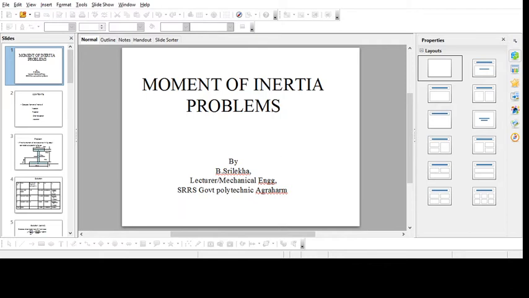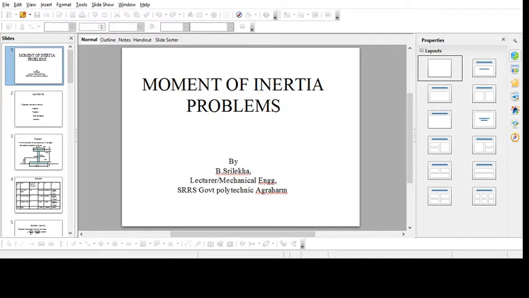You know that an I section is made up of two flanges and a web. A web is the one which connects two flanges. So parallel to the flanges means parallel to the x axis, which means you need to find Ixx. So let us do this.